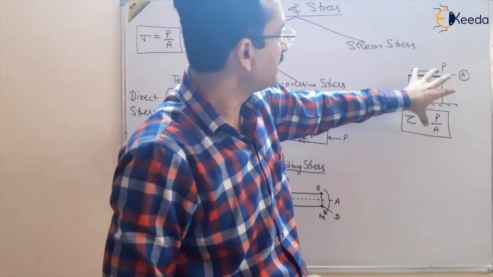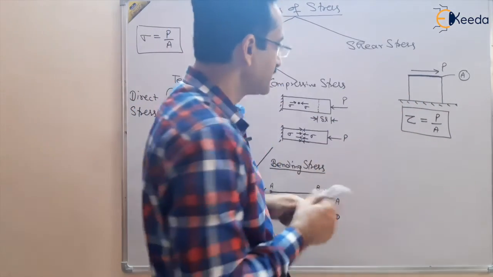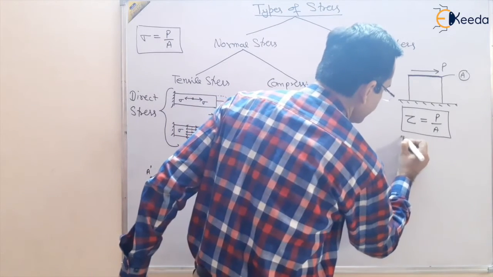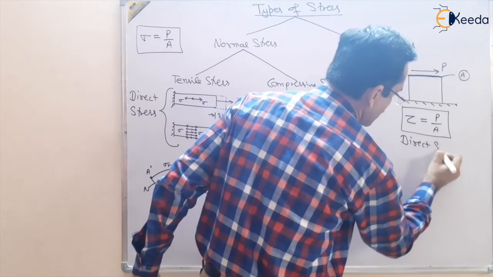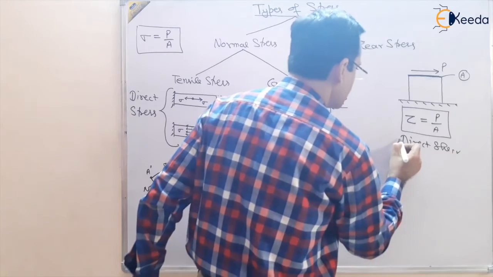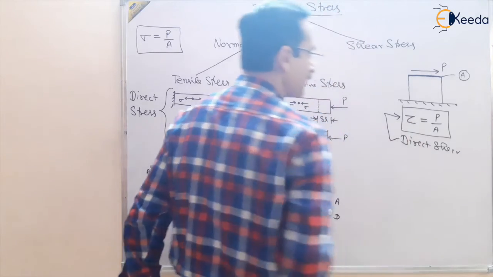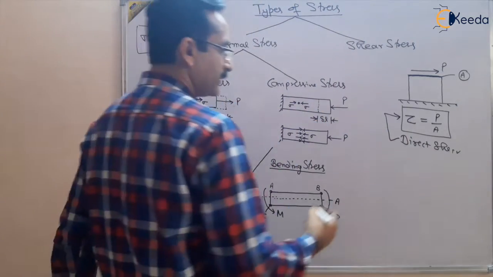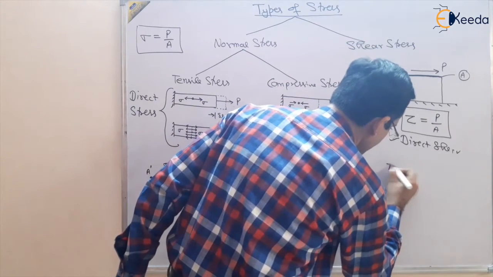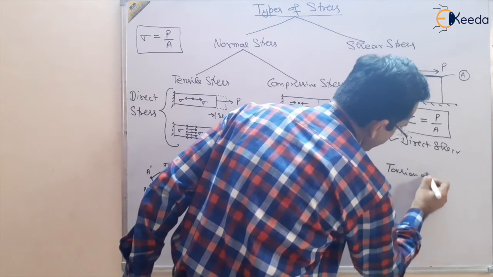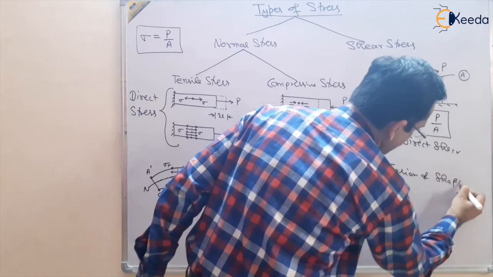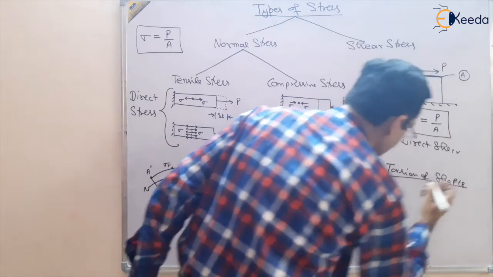We can apply direct shear stress like this. This is direct shear, right? Or we can apply shear stresses by torsion of shafts. So what can we do in torsion of shafts?